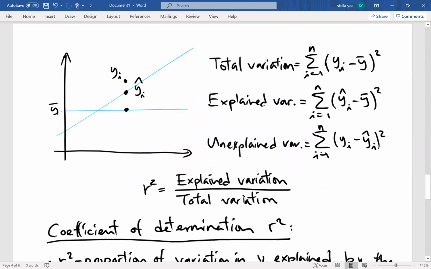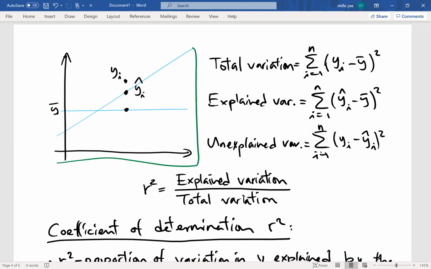All right. So I want to talk a little bit about the R square that appeared in the calculator. R square has a special meaning, and hopefully I can draw it right over here. On the left, let's just work with the yi, just 1 point out of maybe lots of points that we have.